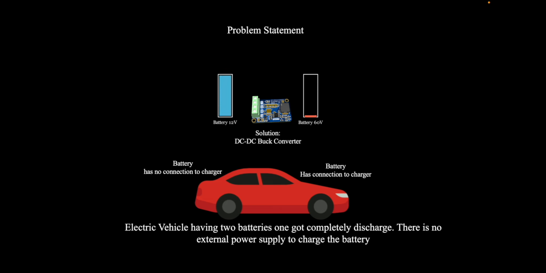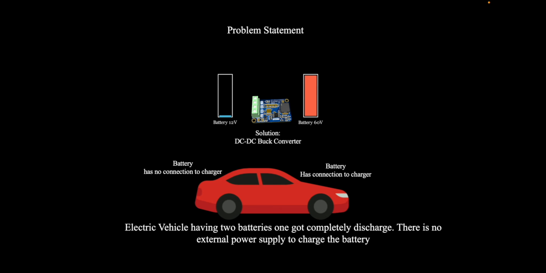The job of the accessory battery is to provide the auxiliary supplies to the lights and the fans running in the hybrid electric vehicle. But the main battery is the traction battery, where we are considering the 60 volt battery as the traction battery, and the 12 volt battery as the accessory battery.